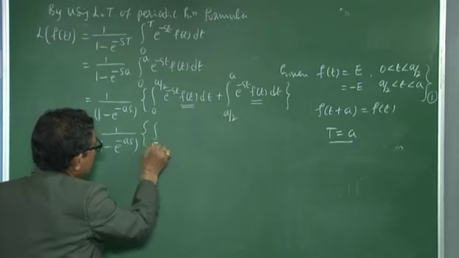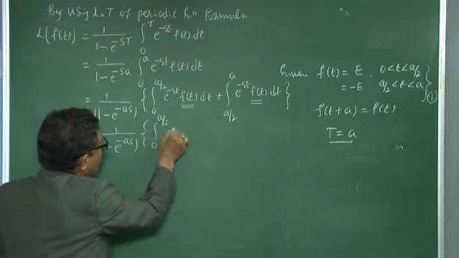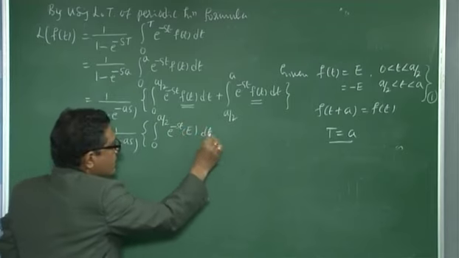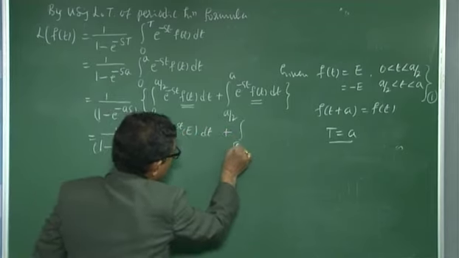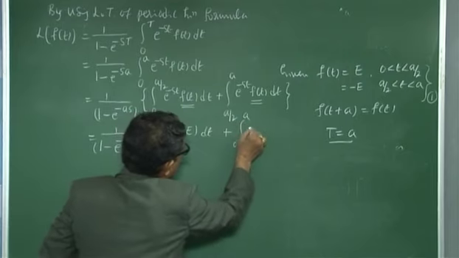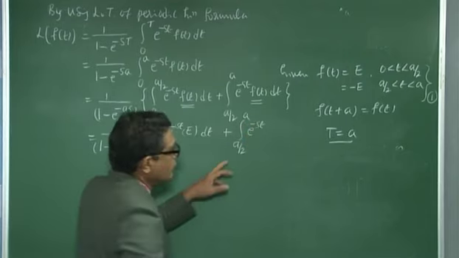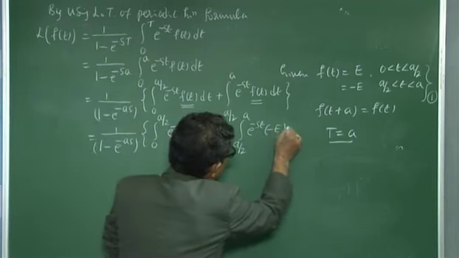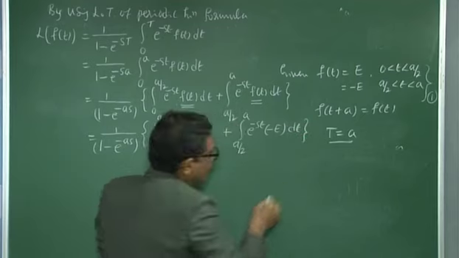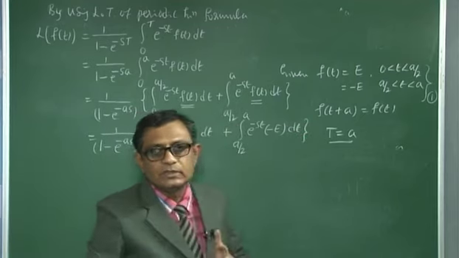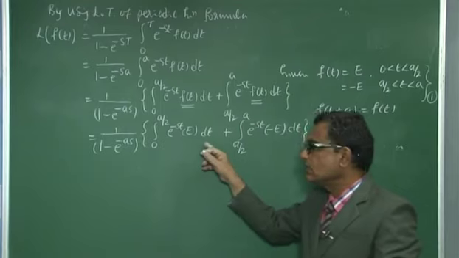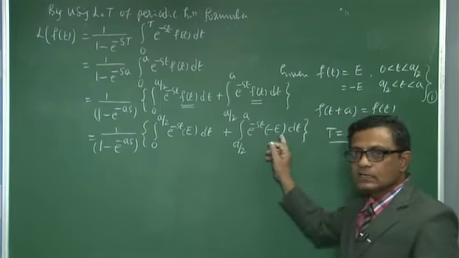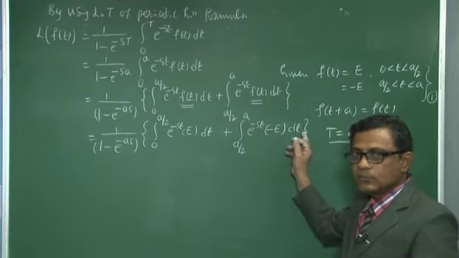In the interval 0 to a by 2 it is E. Then you see here what you have to substitute. In the interval a by 2 to a it is minus E dt. Now the integration is with respect to t, for the first term as well as the second term. This capital E is constant with respect to t.